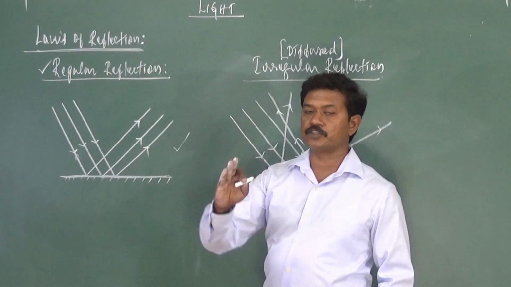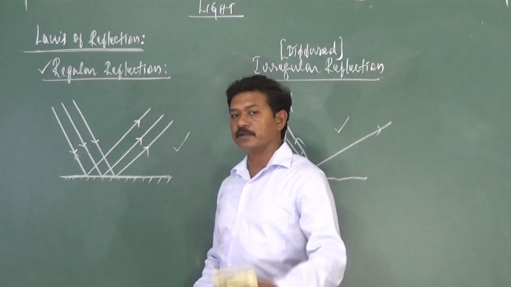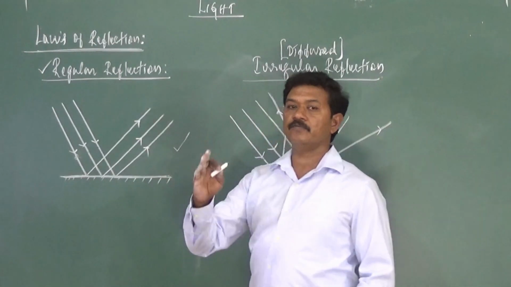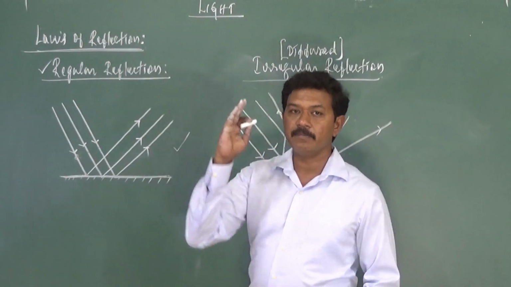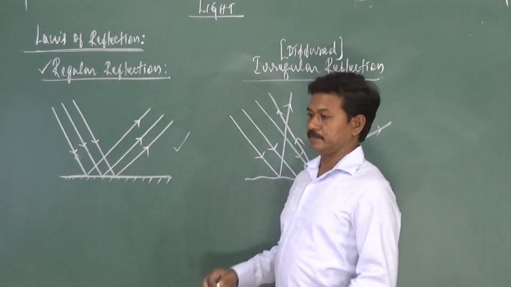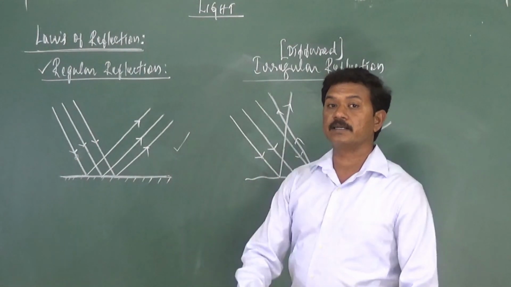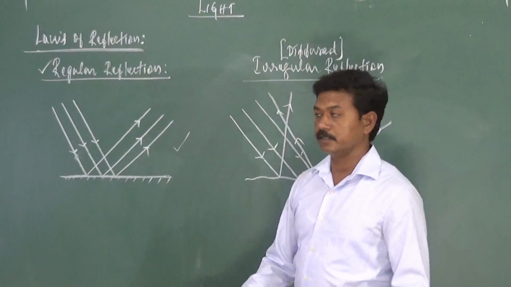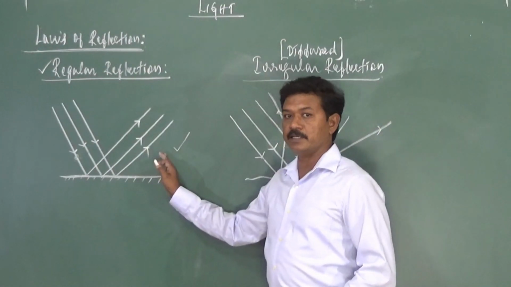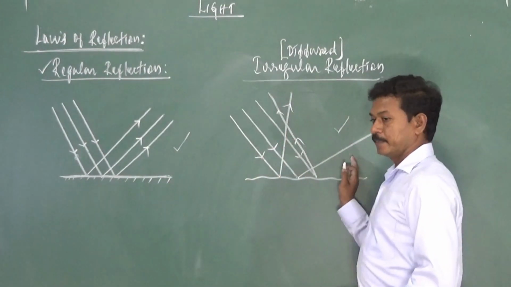If regular reflection happens, then we can get images of the objects. If regular reflection does not happen, we cannot get the images. In the sense, here we can frame the images, here we cannot frame the images.